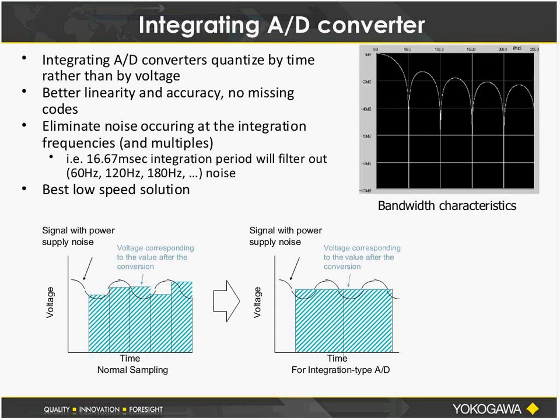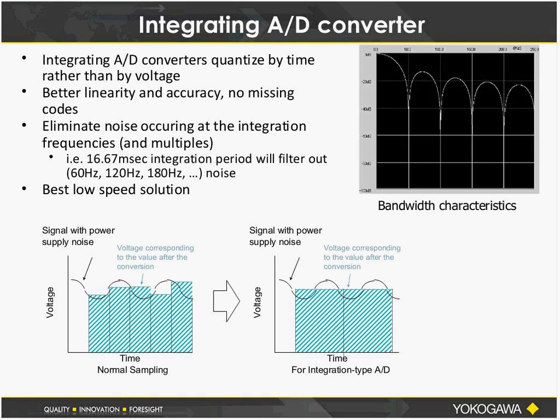But regardless, if you do have power line noise influencing your measurement, one of the best ways to deal with it is by using an integrating A to D converter. This is especially applicable to low-speed applications, like low-speed trending or monitoring tests. An integrating A to D converter quantizes by time rather than voltage.